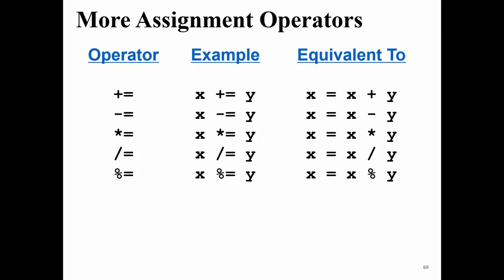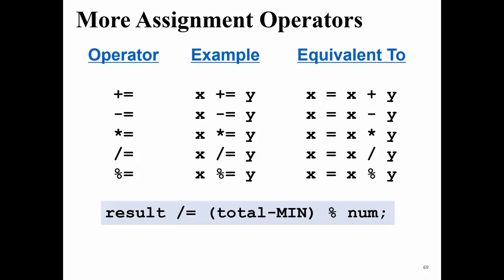The same thing applies to the mod operation: x mod equals y takes the value and assigns it to x. All of these are shortcuts you can use inside your Java code to make it more optimized. If I give you this one, what is the equivalent of this one?